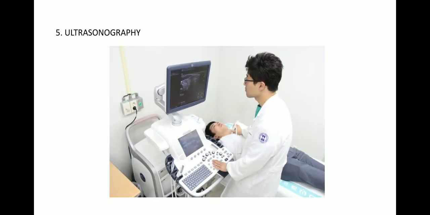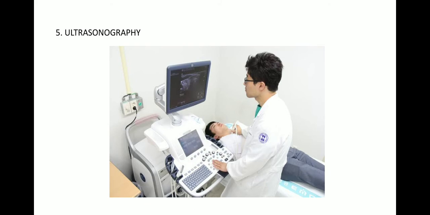It is used to get pictures of the internal organs of the human body, like kidneys, liver, gallbladder, etc., so that if there is any problem or disease in those particular organs, it is detected. Any tumors or stones are detected by ultrasonography.